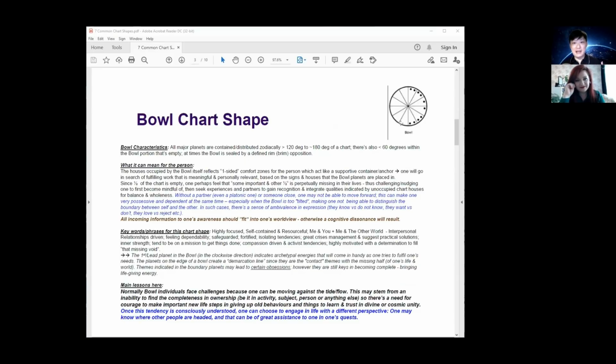On the top left-hand corner will be the ideal bowl shape, in which all the planets are occupying about half of the chart, around 180 degrees.